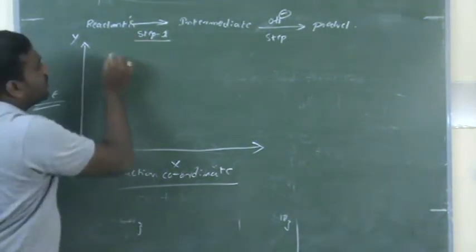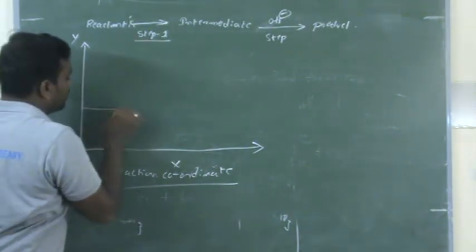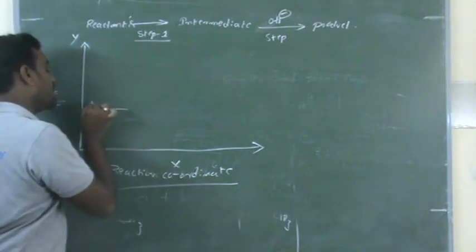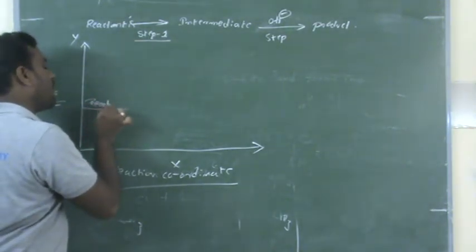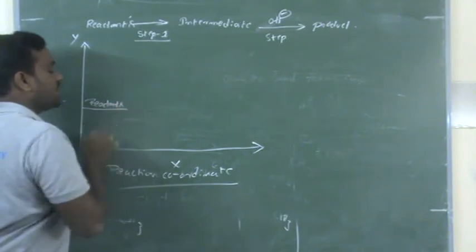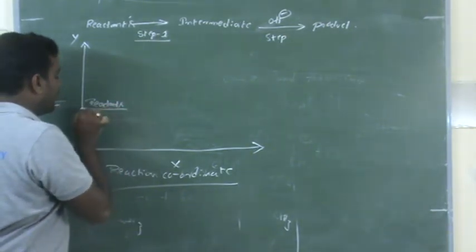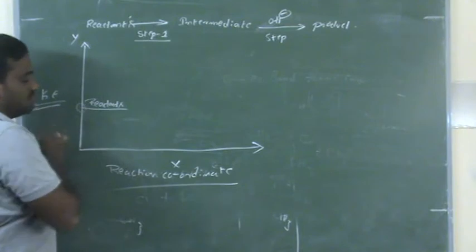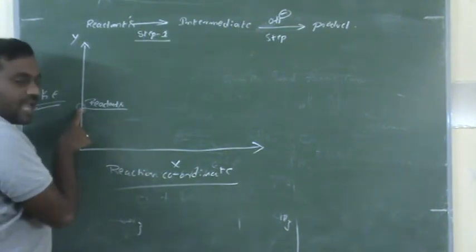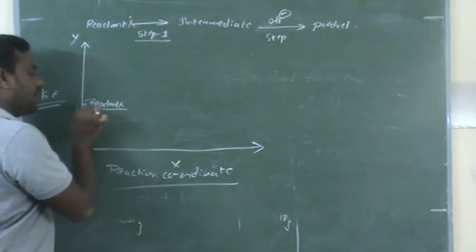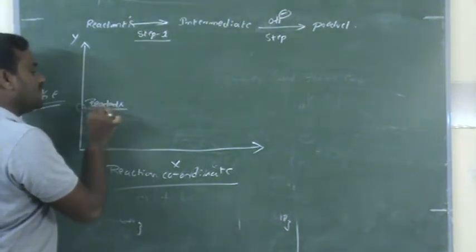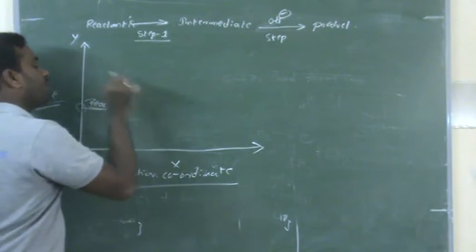Now initially, where are the reactants? Here the reactants are present, with this much kinetic energy. Now all these reactants are reacting with each other.